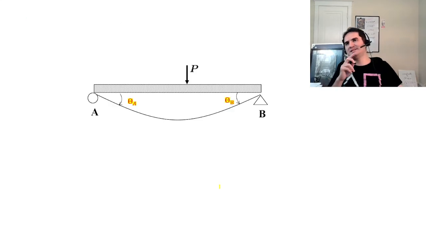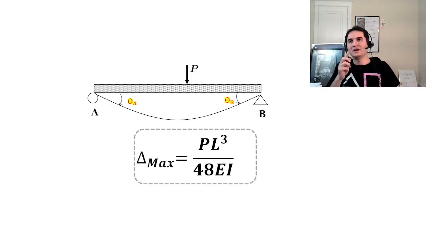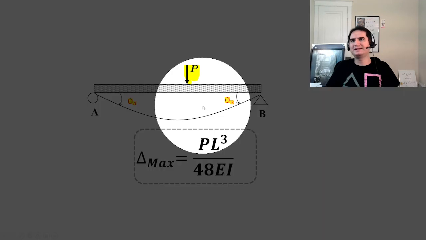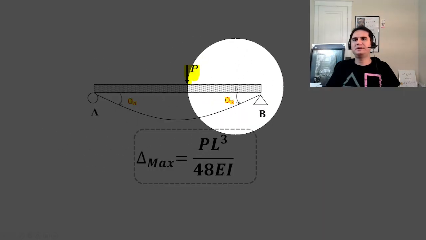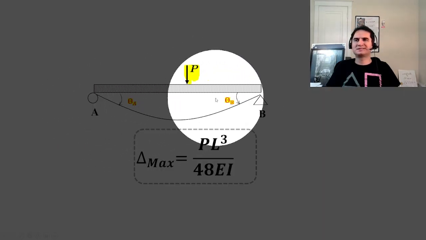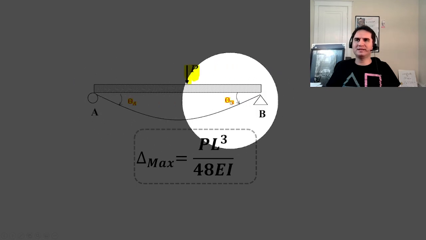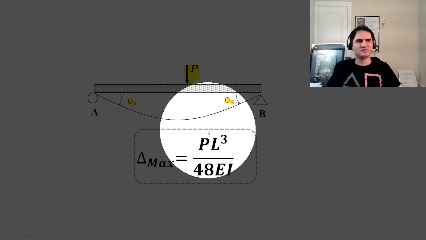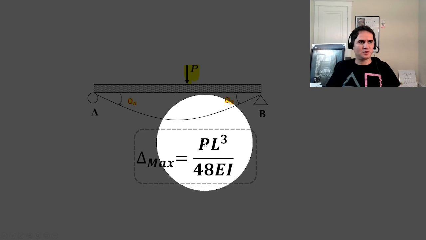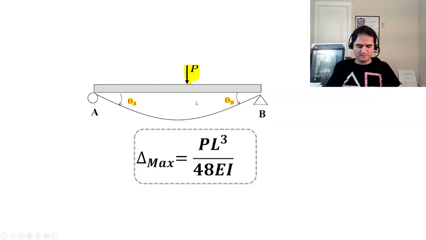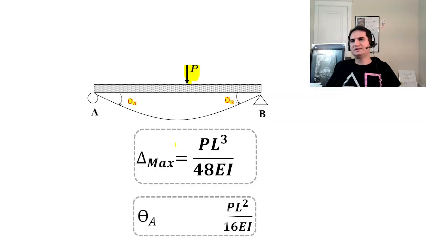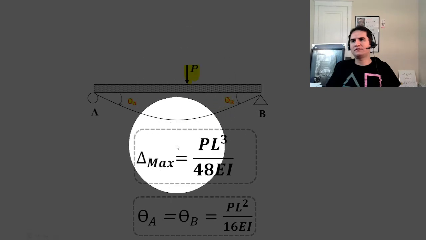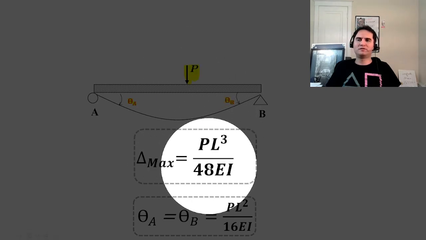So one can easily say if we have a simply supported beam that handles a concentrated load at its center, AB is a simple support beam at both ends with a concentrated load of P applied at its center, it gives us a delta maximum of PL cubed over 48 EI.